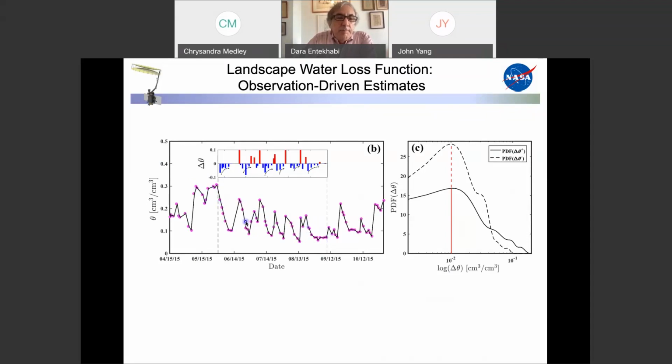Now, one thing one should not do with a time series is take its derivative, because that just amplifies noise. But we did it anyways, and it turns out that the signal to noise ratio was such that there was still a lot of signal left. So here's an example of taking the time derivative of this signal over this period. So this is change in soil moisture.